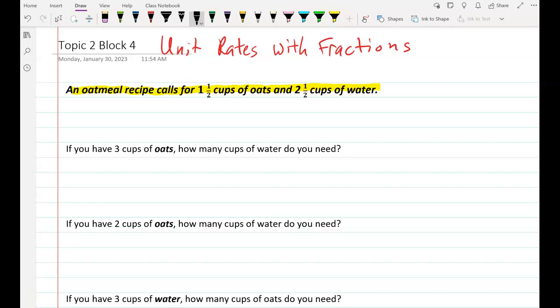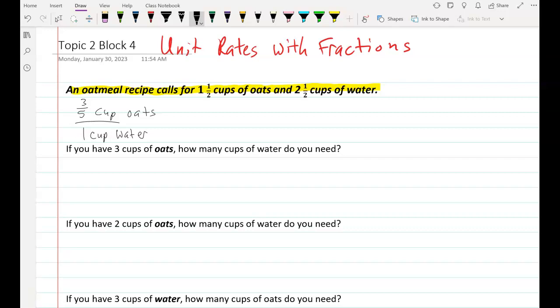First of all, we know that if we have 1 cup of water, we are going to use 3/5 a cup of oats. We've already established that.